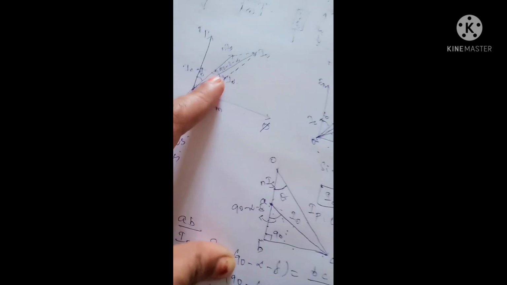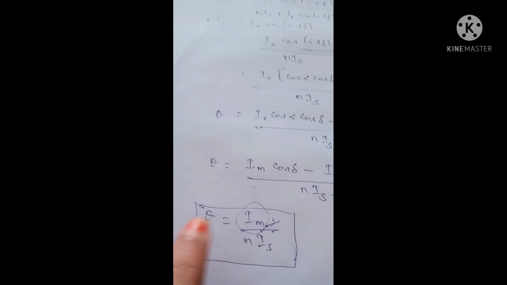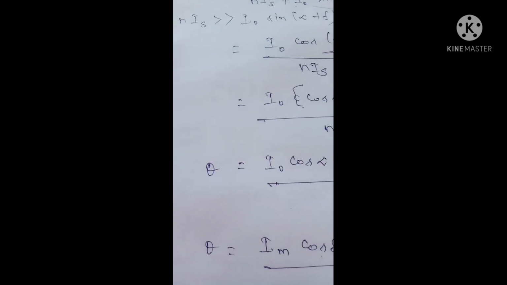Practically in a current transformer there exists some phase difference theta, which we derived as Im by NIS. So that theta depends upon the magnetizing component of the current transformer under no load condition. These are the two factors that could cause error in a current transformer. In order to avoid such errors, we should carefully design the current transformer so that there is minimum error during operation.